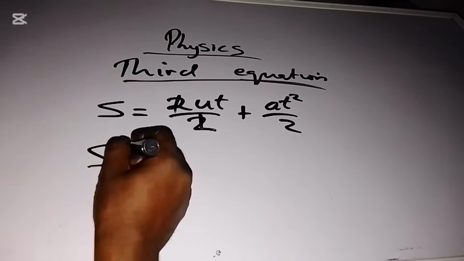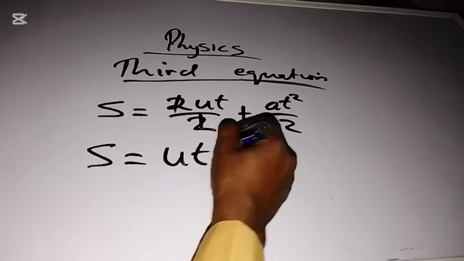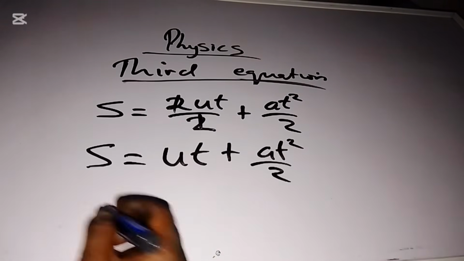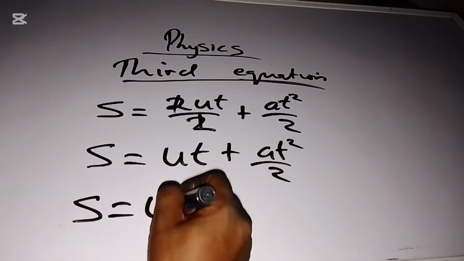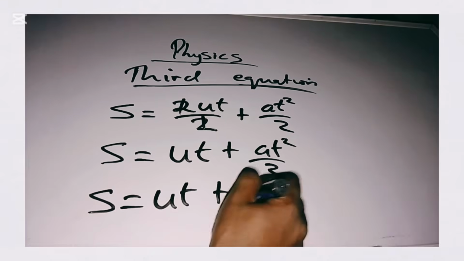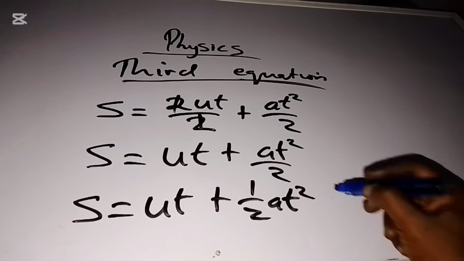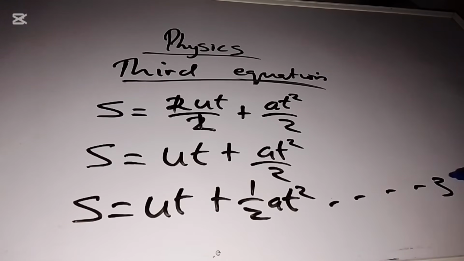So s will be equal to ut plus at squared over 2, or s equal to ut plus half at squared. So this is your third equation, equation 3.